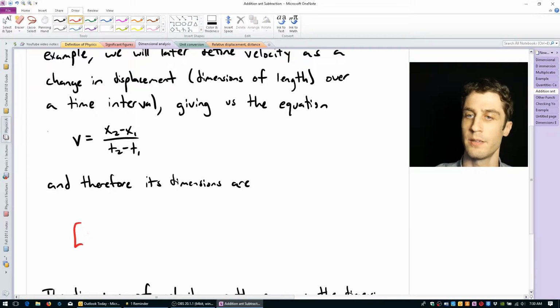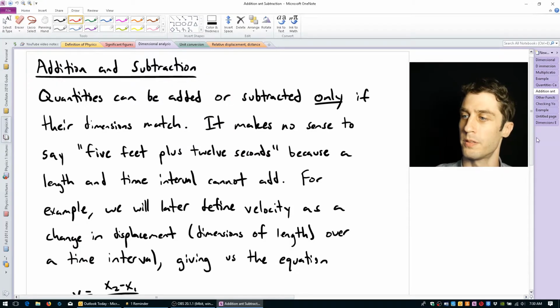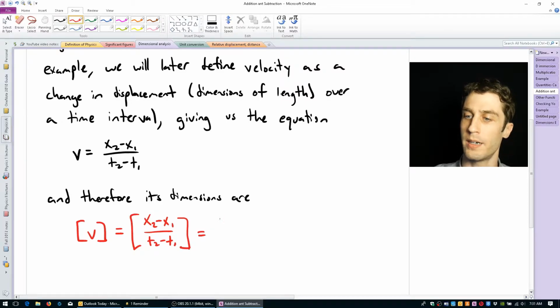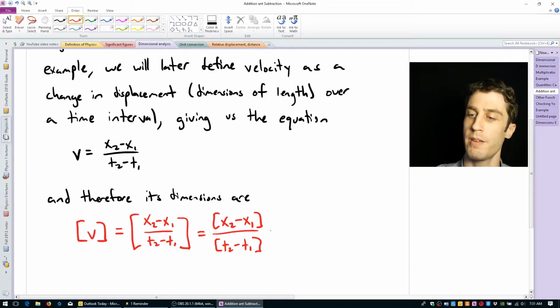dimensions of v are the dimensions of x2 minus x1 over t2 minus t1, which are, we'll break this up slowly, dimensions of x2 minus x1 divided by the dimensions of t2 minus t1. And we can break up these brackets correspondingly.